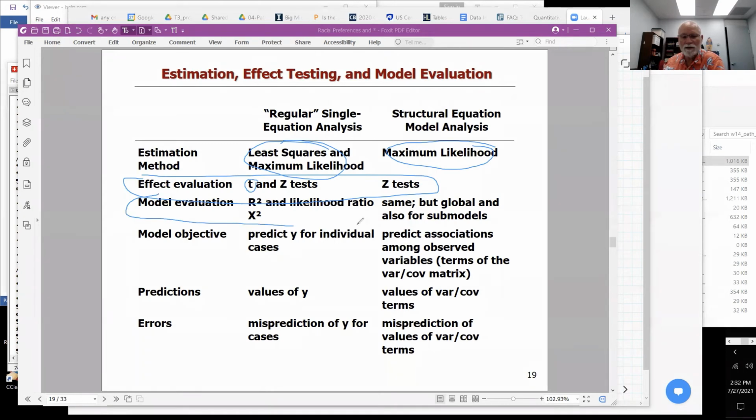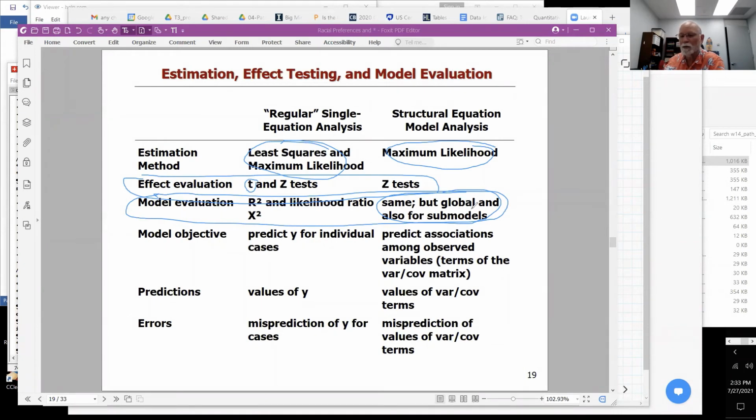Then we come to evaluating the model. In single equation, you'd go to R square or something like it, and maybe the chi-square likelihood ratio test. In structural equation models, you have an analog to that for the full set of equations, and then you can also look at submodels for different variables that are dependent. And so you've got a variety of models and submodels to be evaluated.